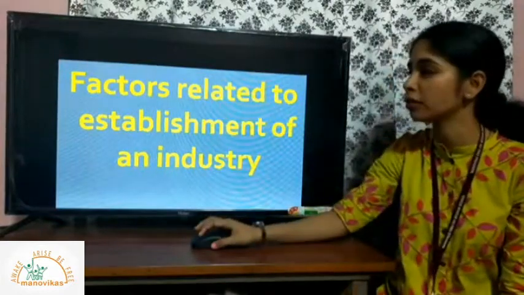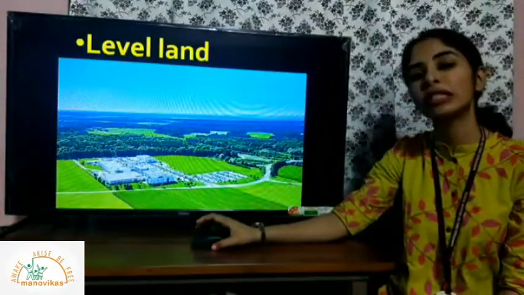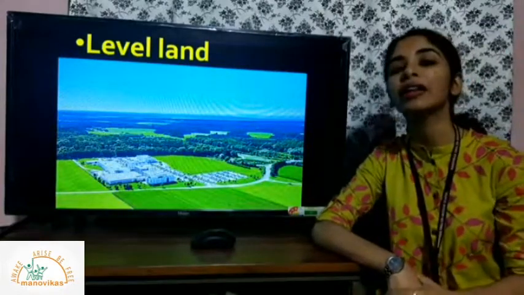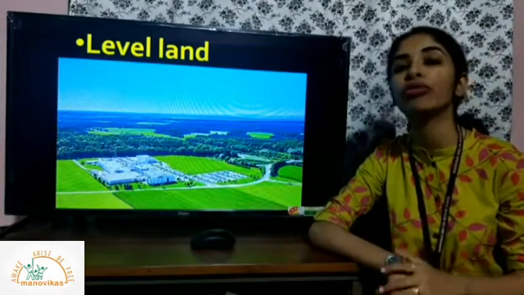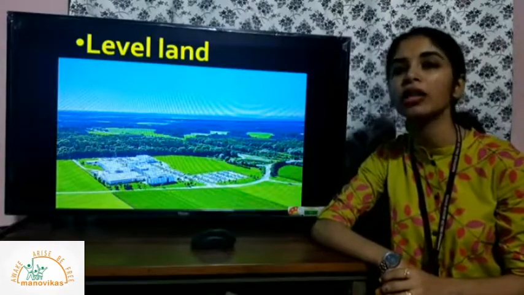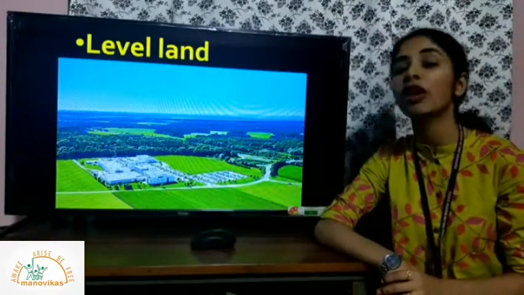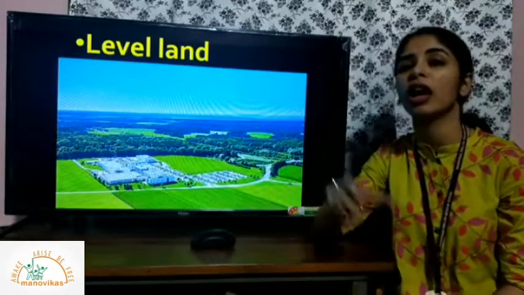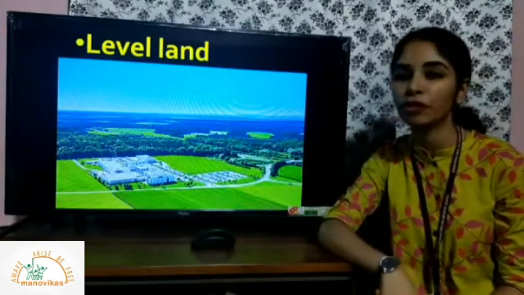Firstly, for the location of an industry, level land, a plain region or plain area, is required. Obviously, for coming up with a heavy, bulky, large scale industry, a tiny area won't be sufficient, right?